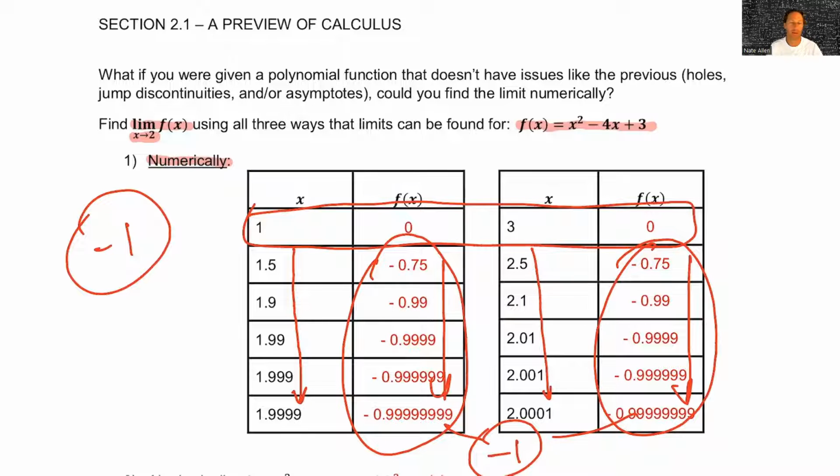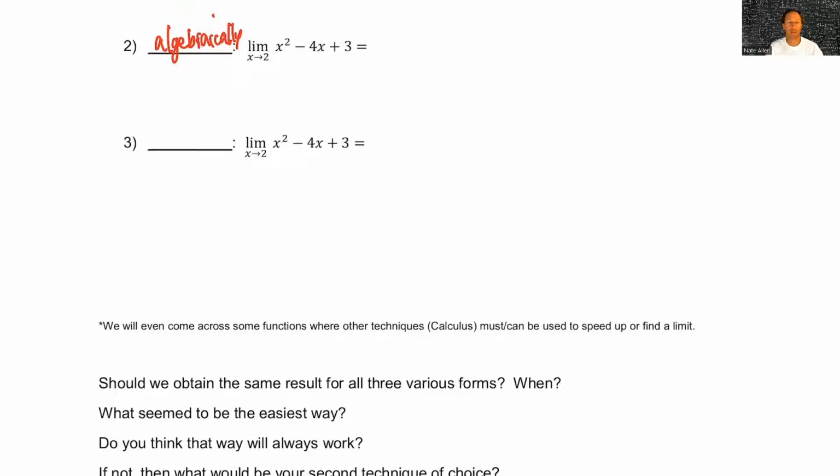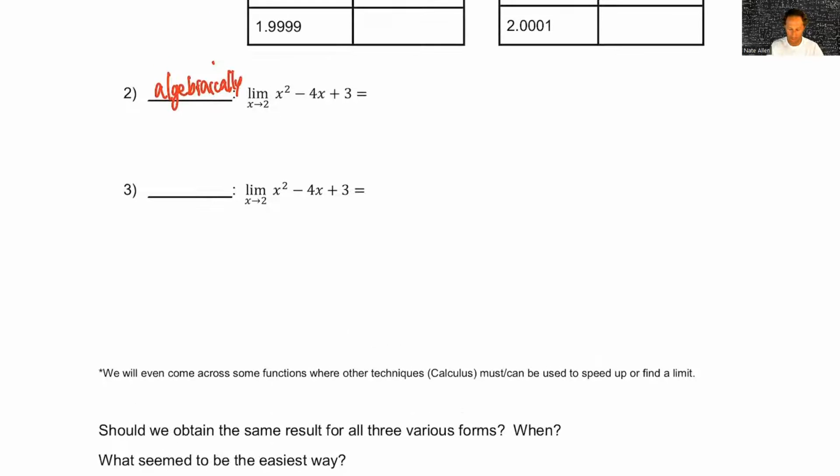Let's find a better way, and let's do it algebraically next. So if we were to look at this algebraically, what does that mean? Well, the limit is finding what happens as x approaches 2, so we said we approach from both sides of 2. That's a little bit to the right and a little bit to the left. And how close can we get? Well, we said really, really close. You know what?